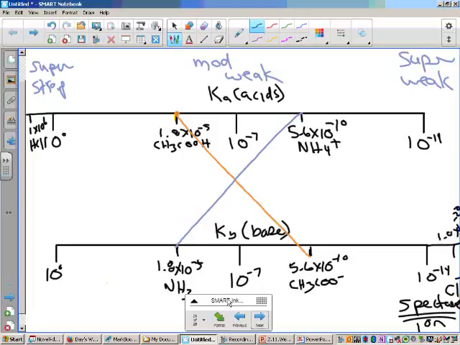Let's take a look finally at a base equivalent. Now, on that table, there are no strong bases. So let's just pick one. We know a strong base, NaOH, is a strong base. I have no idea what the Kb value is, but let's say it's really big. Good enough. It's going to be a huge number.